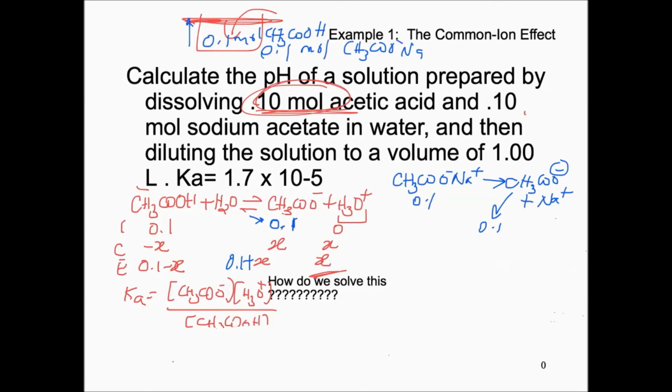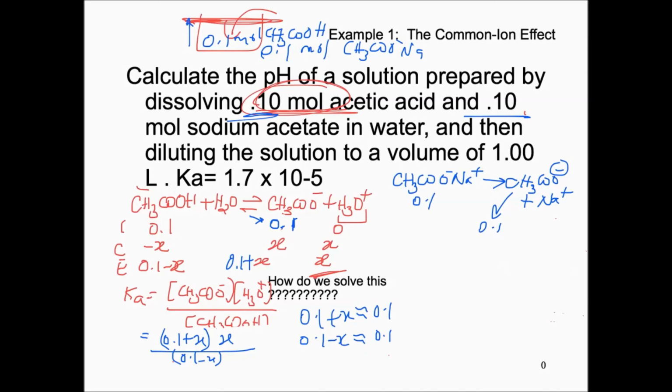And so if you had to plug numbers in, it's going to look like 0.1 plus x times x divided by 0.1 minus x. And again, you have to ask how small x is, so whether the approximation holds true or not. And again, the concentrations are 0.1, so for the reasons we worked on before, 0.1 plus x is going to be about equal to 0.1, and 0.1 minus x is going to be about equal to 0.1 as well.